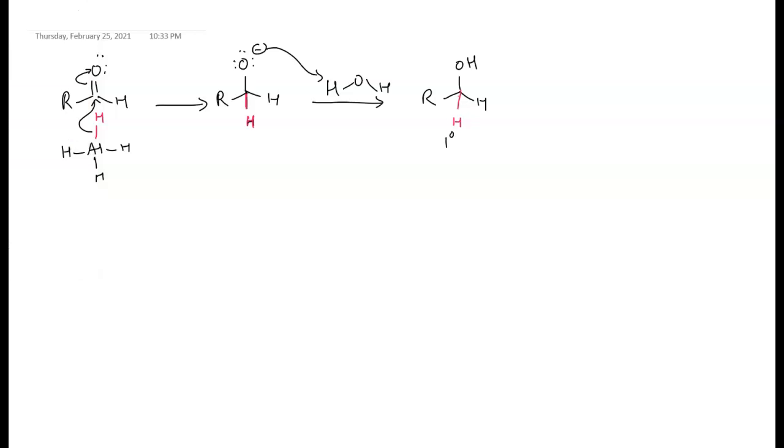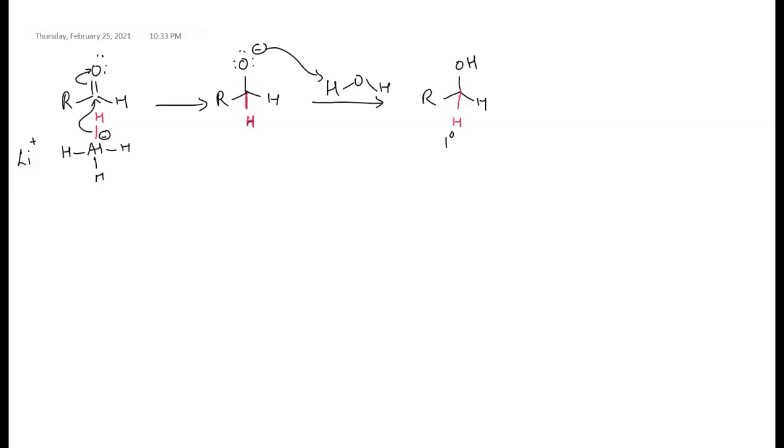So aldehydes give primary alcohol, and ketones give secondary alcohol. Now we can do a similar reaction with esters and carboxylic acids too. Carboxylic acids and esters give only primary alcohols, and they can only be reduced by using lithium aluminum hydride.